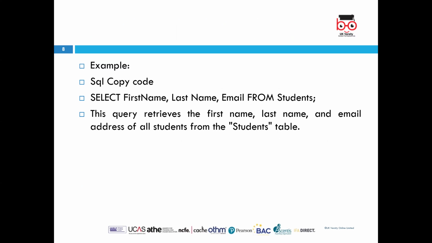First name and last name are the name of the student, and email is the email address of the students, and students is the name of the table. This query retrieves the first name, last name, and email address of all students from the students table. So this is the SQL code for retrieving the first name, last name, and email address of all the students.